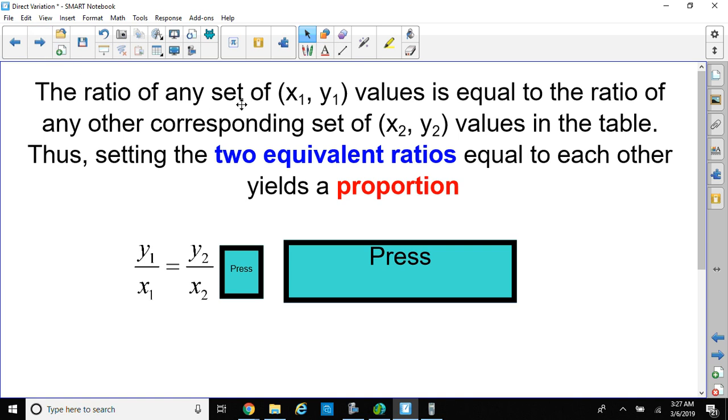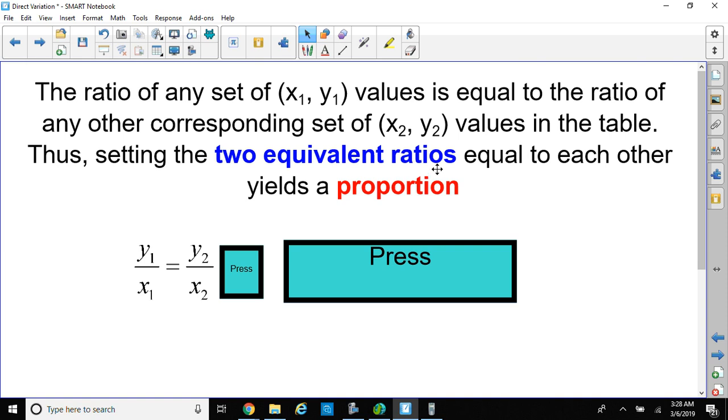The ratio of any set of x sub 1, y sub 1 values is equal to the ratio of any other corresponding set of x sub 2, y sub 2 values in the table. So these values are equal. So they're equivalent fractions. Thus, setting up two equivalent ratios, there you go.